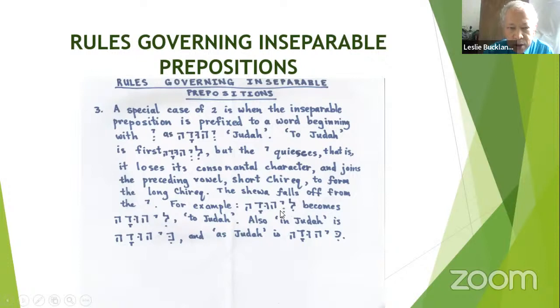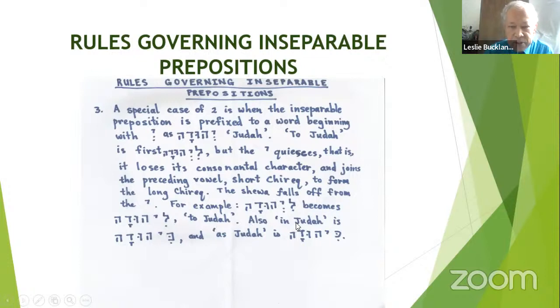The simple schwa disappears, and the yod and the short hirik join together to form the long vowel, the long hirik. So now instead of having li Yehutha, this becomes li Hutha, to Judah.